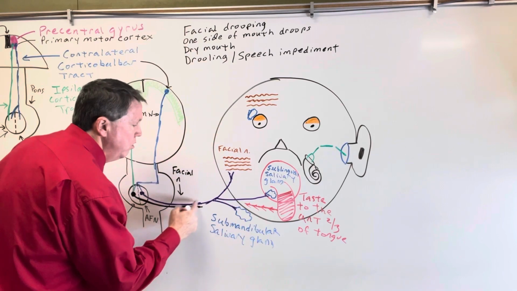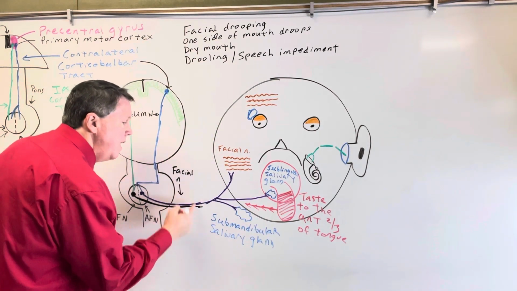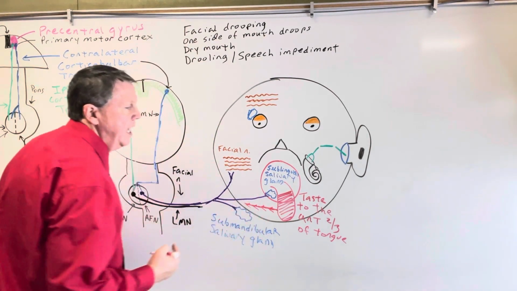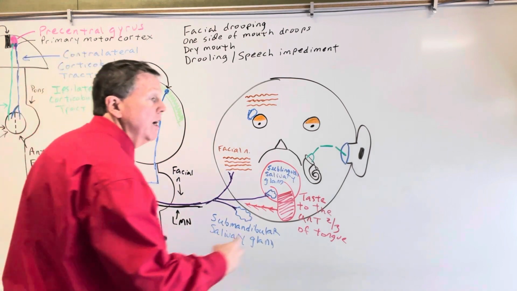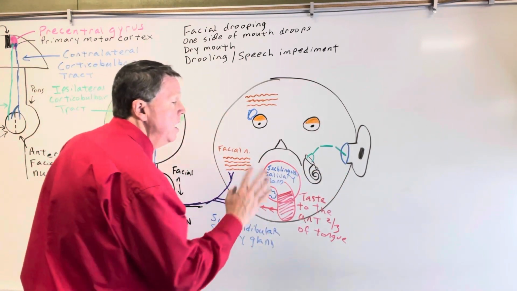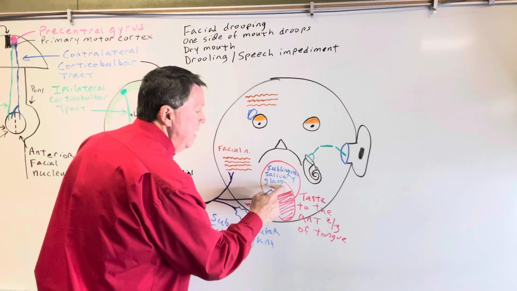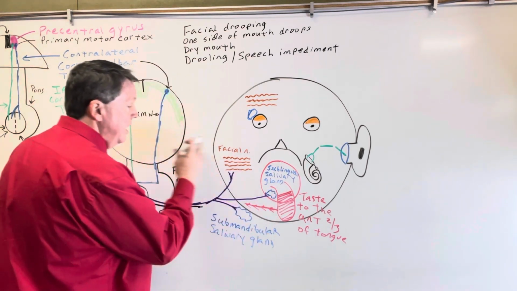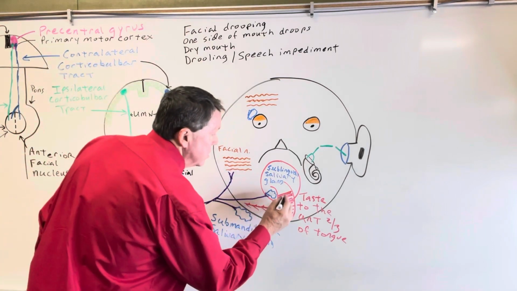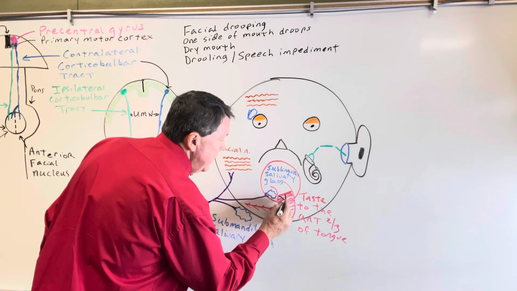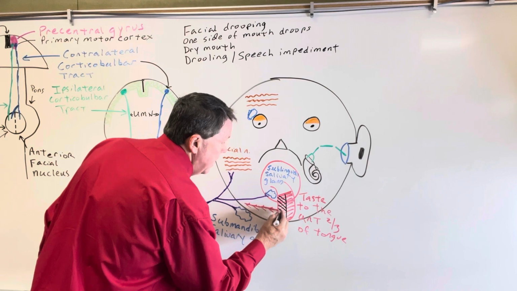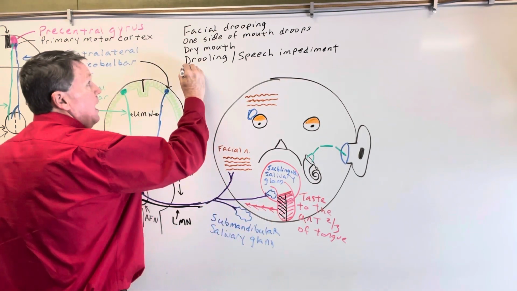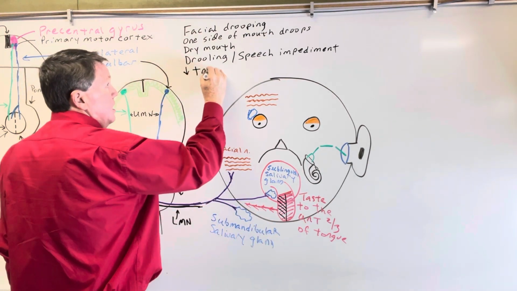But if the facial nerve has some damage, then you're going to lose that taste. But if you recall, we're going to have a facial nerve on the other side. That's still going to work. The back of the tongue also gets nerve supply from something else. But let's say the damage is on this side. I'm going to lose my taste sensation to this side of the tongue. So therefore, I get a decrease in taste sensation.